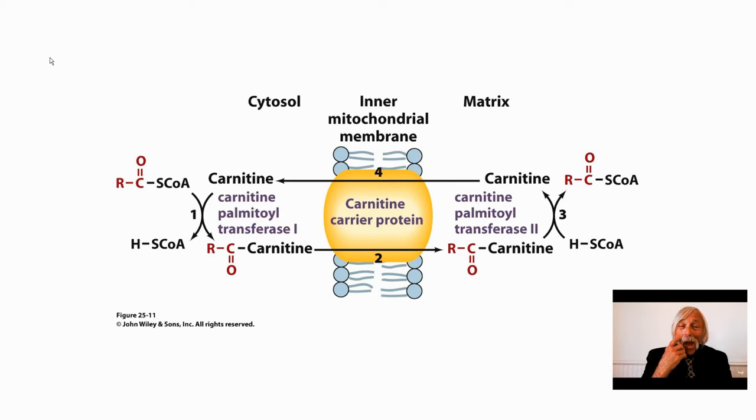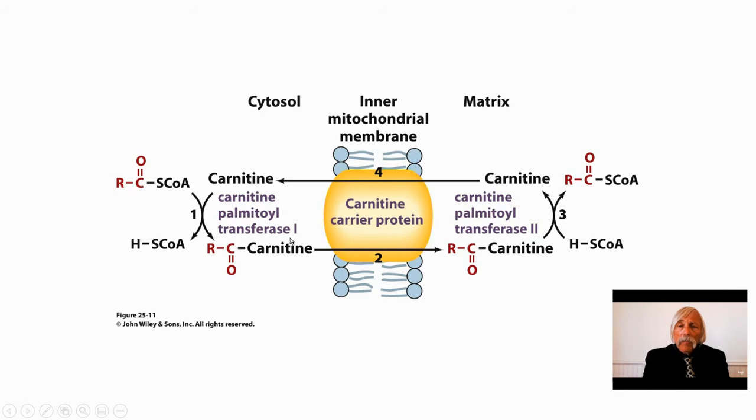Okay. Now, in order to get a fatty acid to be metabolized, it has to go from the cytoplasm to the matrix of the mitochondria. First of all, the fatty acid is esterified to coenzyme A, shown here. And then an enzyme in the cytosol, actually associated with the outer membrane of the mitochondrion, called carnitine palmitoyltransferase, will load that fatty acid onto this amino acid derivative called carnitine.